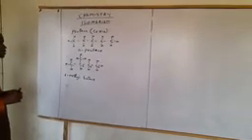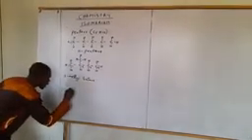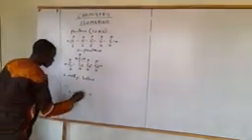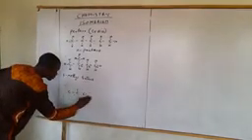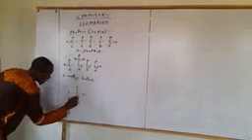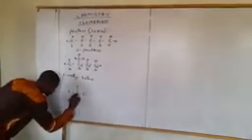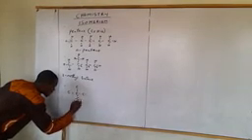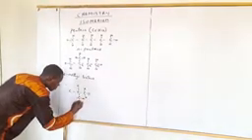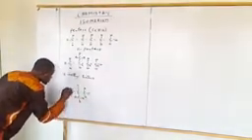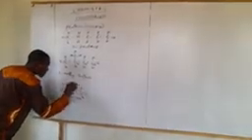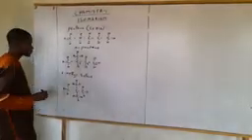Let's consider the third isomer. We have 1, 2, 3, 4, and 5 carbons here, and 12 hydrogens.